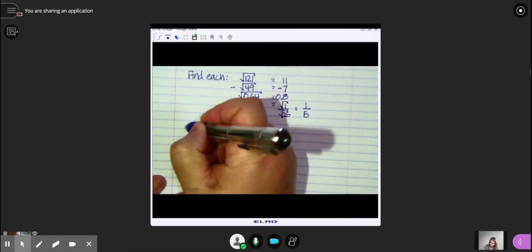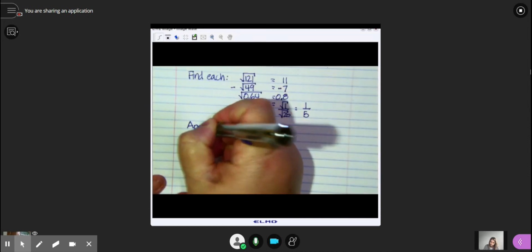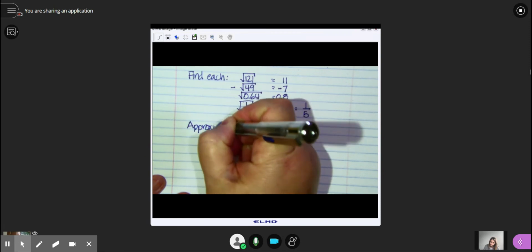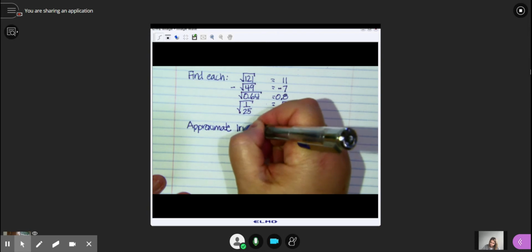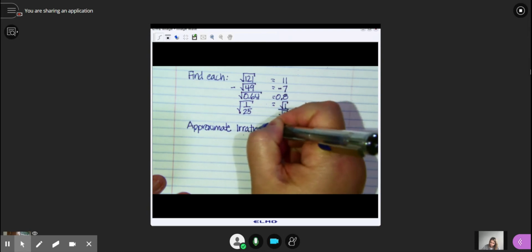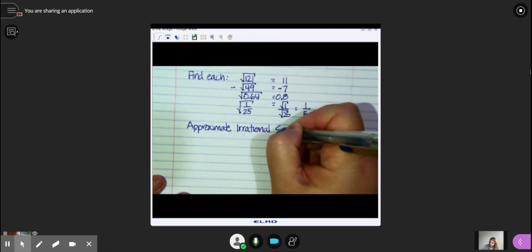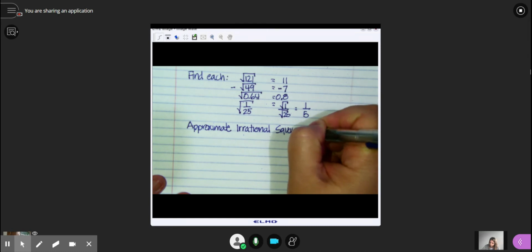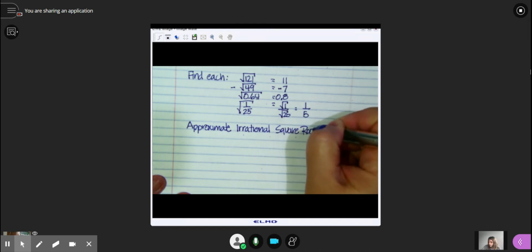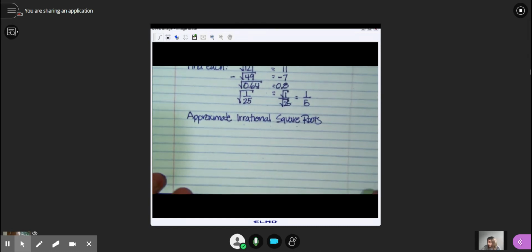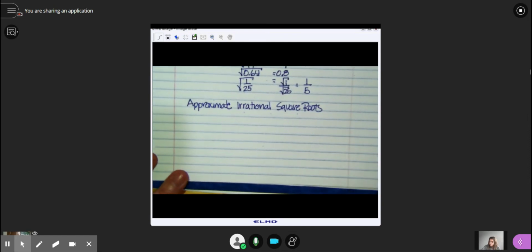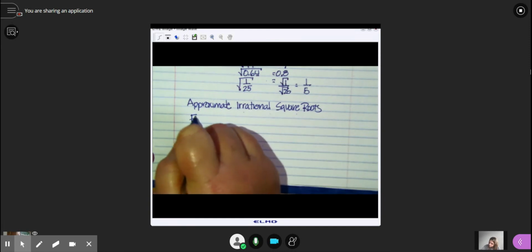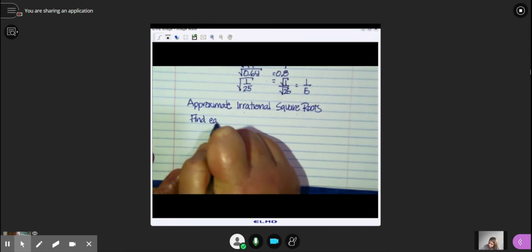Some square roots we need to approximate, because they are irrational, meaning they do not land on perfect square roots, but rather they are decimals that do not end or repeat.